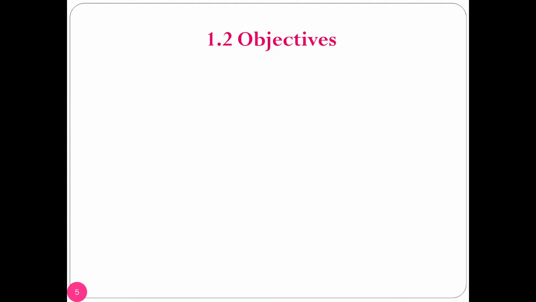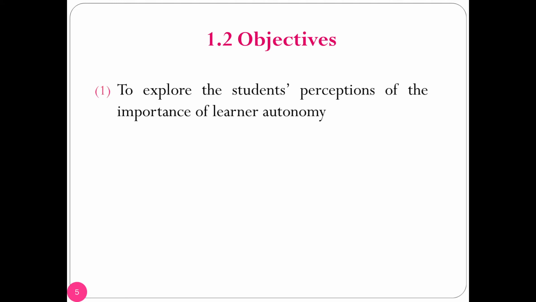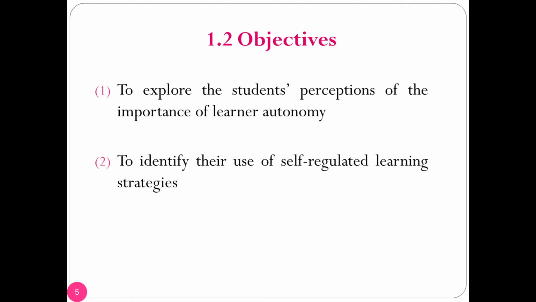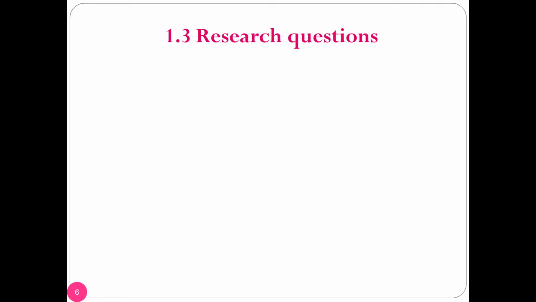The objectives of the study are, first, to explore the students' perceptions of the importance of learner autonomy. Second, to identify their use of self-regulated learning strategies. To reach the above objectives, the study has 2 research questions.